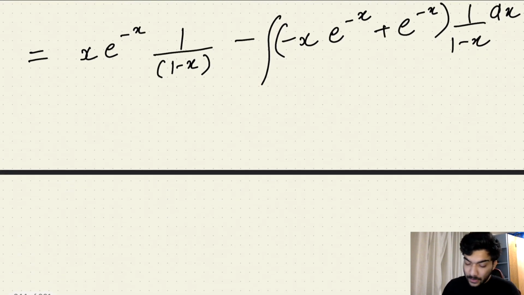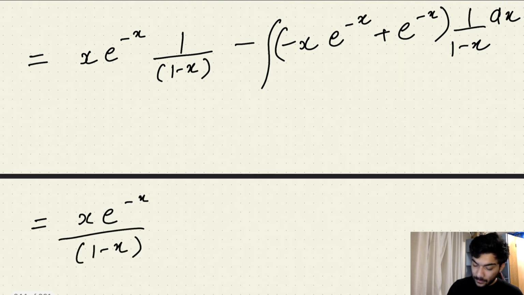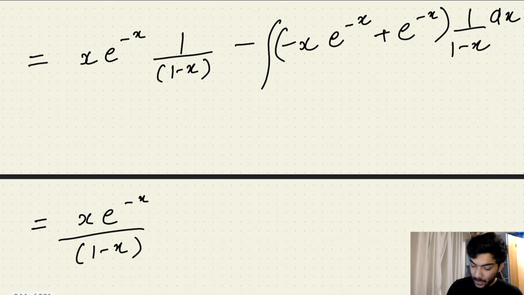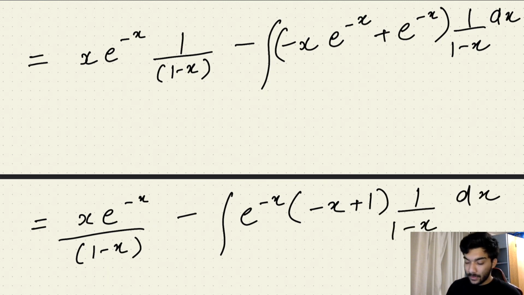So let's calculate this. So this would be x e to the power minus x upon 1 minus x minus, we can take the e to the power minus x common over here, right? So this would be e to the power minus x plus 1 upon 1 minus x dx, right?